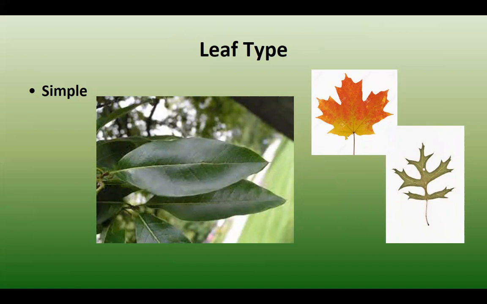But you also notice that the trees on the right, which are the sugar maple and the pin oak, are also termed simple, although they've got very jagged edges to them. They just have one stem joined to the twig, and that's what makes them a simple leaf.